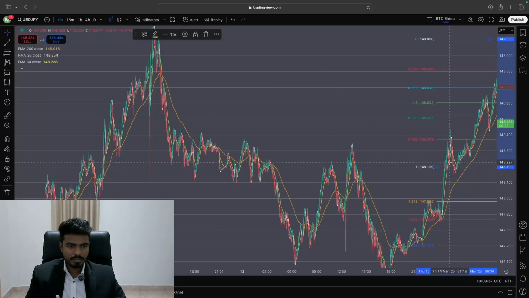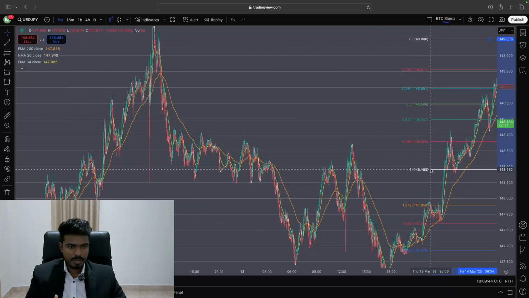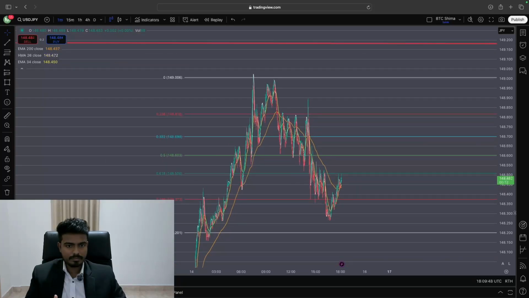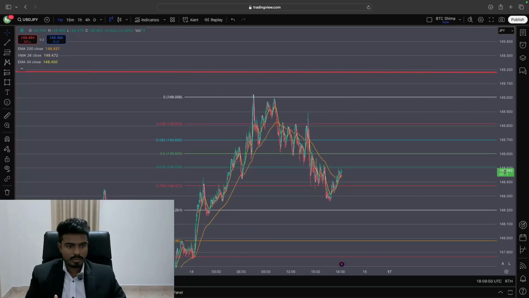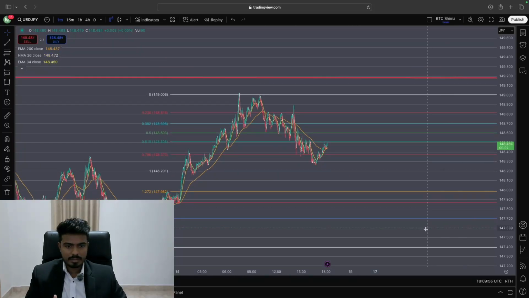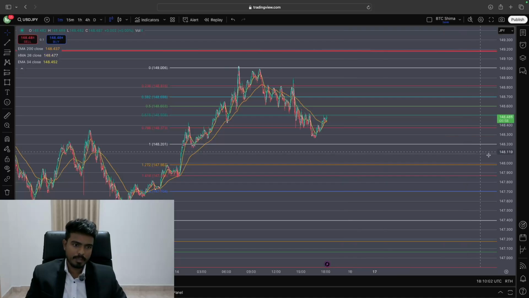Yes, this is the support line. Yes, you can see that. So here you have to look very carefully at this white line, 0, 1, 2. If this white line breaks, it clearly indicates a downtrend in the 1 minute time frame.